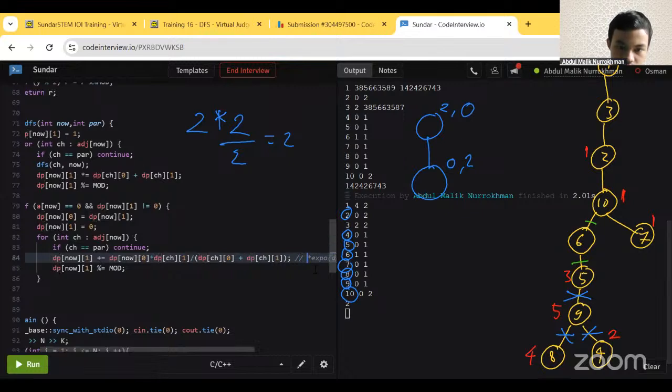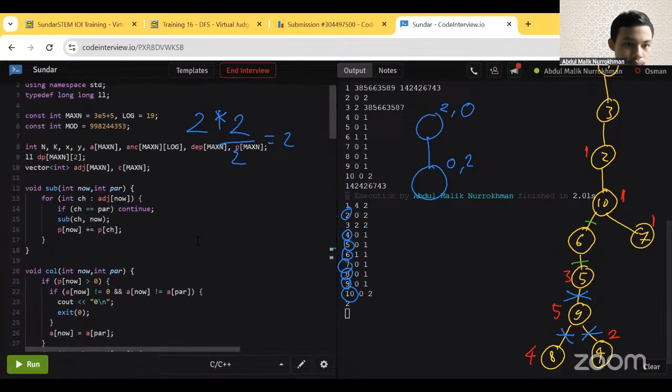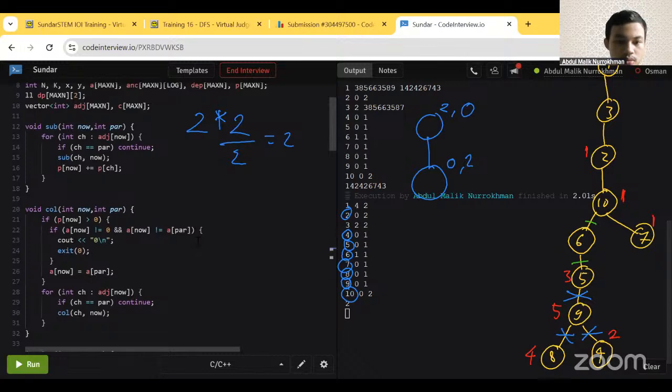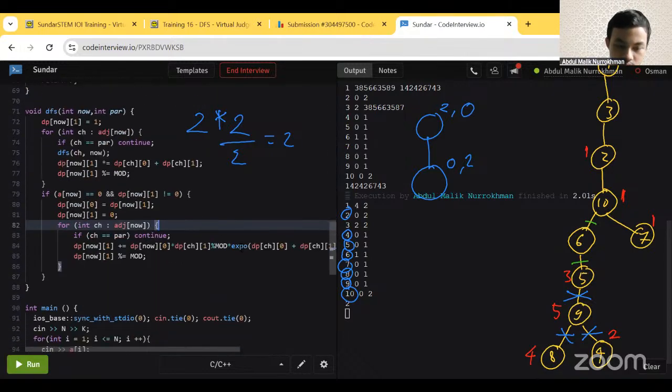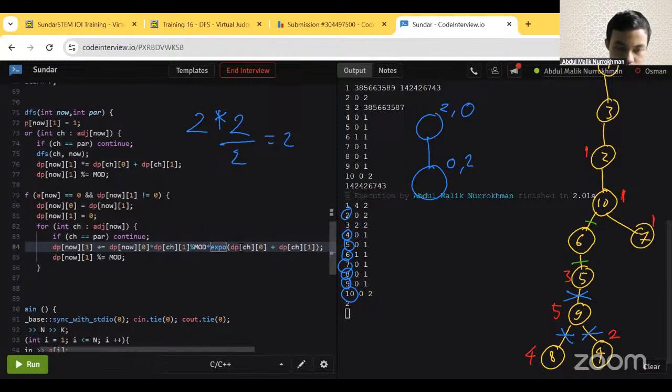All right. But what if I use exponentiation? Why is it incorrect?